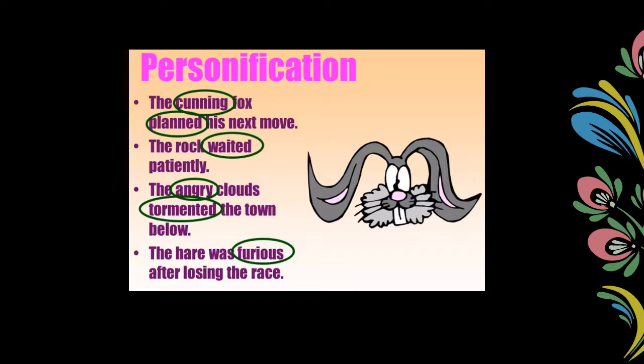A hare is a large rabbit, a mammal. Furious means angry. So he gets angry after losing the race. It is only human. So in all these sentences, you give life to a non-human, giving it person characteristics.